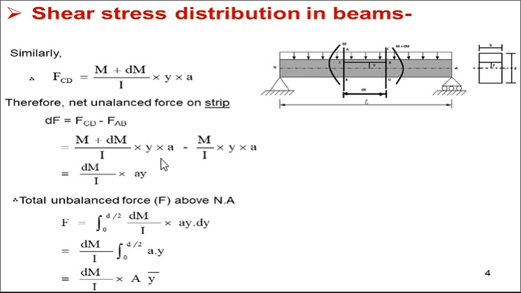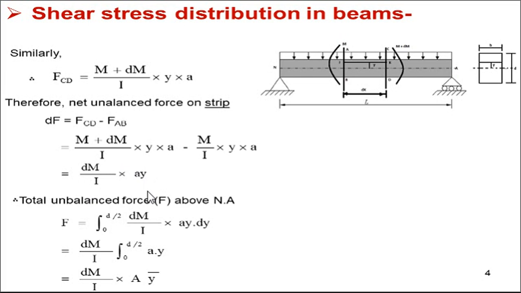We can solve this relation, and what remains after solving? M upon I minus M upon I will get cancelled, and what remains is dM divided by I into ay. So we get this relation after solving. So this total unbalanced force is only for that particular strip.